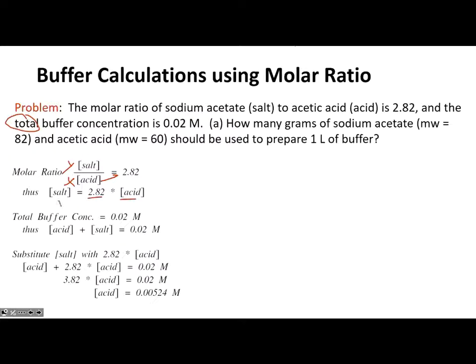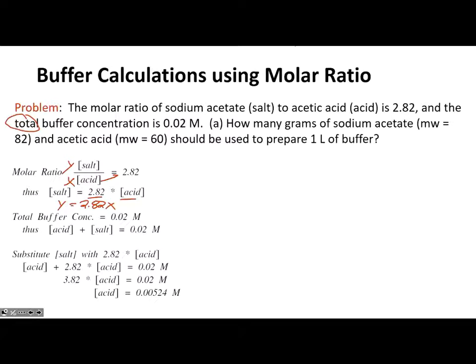Basically, this is like saying y is equal to 2.82x. I know I have acid in the word salt, but you can treat those like unknown amounts, like variables. So essentially, we've re-expressed y over x equals 2.82 as y equals 2.82 times x. And basically what we have is the salt is equal to 2.82 times the acid.